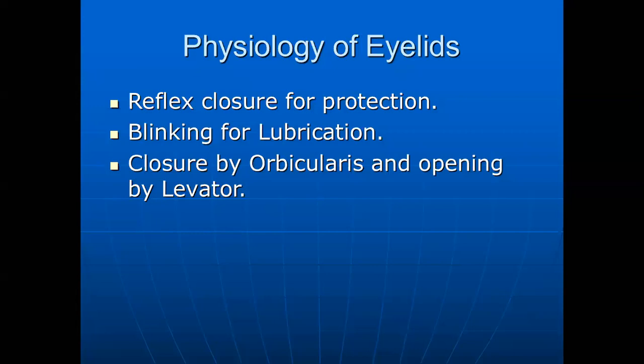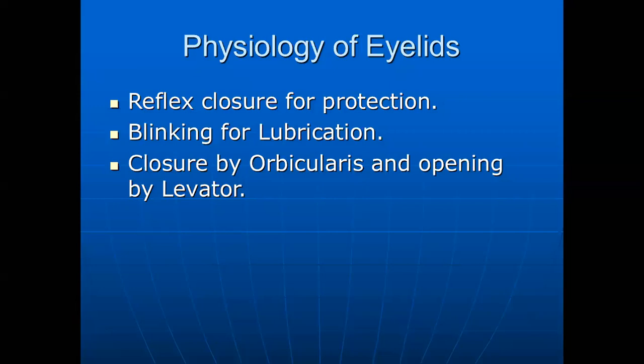Whenever the eyelids close, they spread and distribute the layer of the tear film over the conjunctiva and the cornea. It is very necessary because the eyelids are closed and then opened, for instance, 12 times a minute.